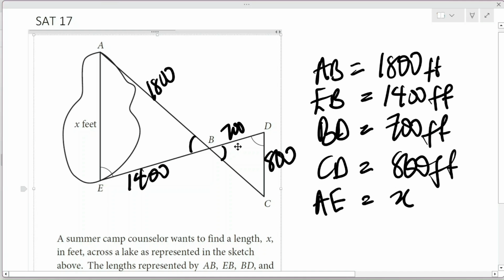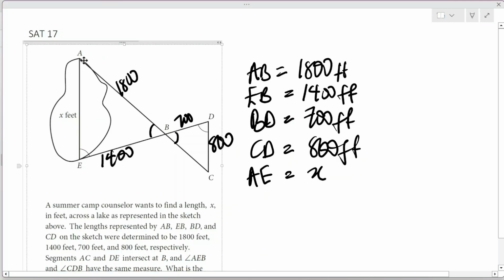Because they are similar triangles, it's like saying DC is enlarged to AE, or AE is an enlargement of DC. And note, we are looking for AE. So if you're looking for AE, note you have AB as 1,800. The line similar to AB is BC, which is unknown.